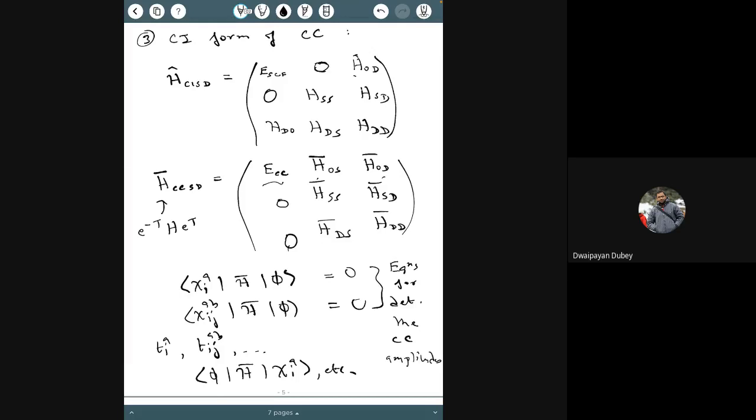So this also tells you that the matrix you're diagonalizing for CI is a symmetric matrix, and the coupled cluster matrix is not symmetric.